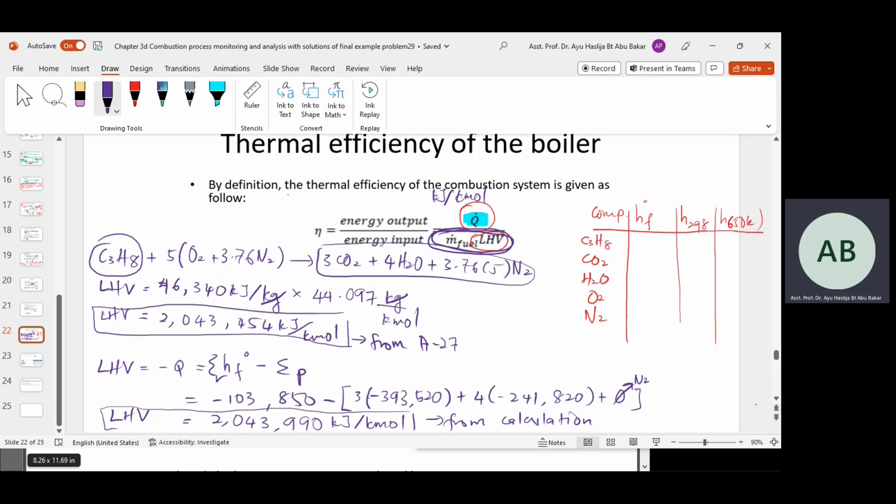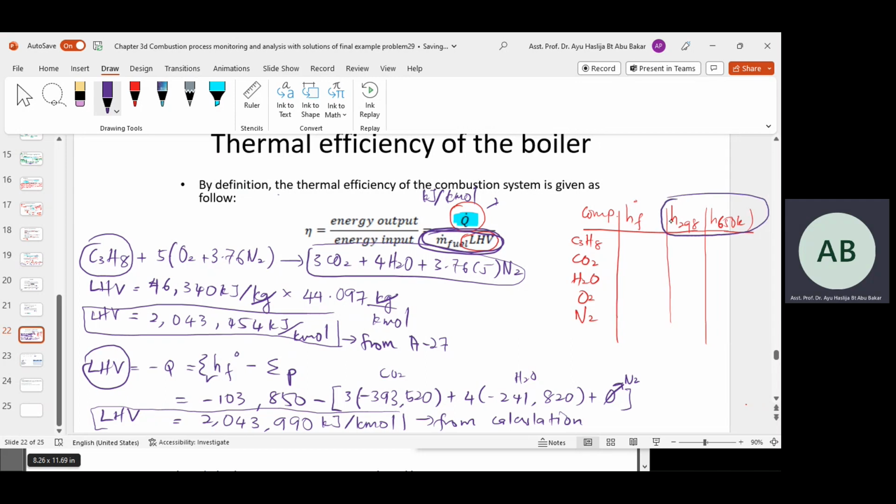Okay, for the LHV, for the product, it involves only the heat of formation. So it doesn't involve any sensible heat. You notice this is the heat of formation of the CO2, H2O. Only the heat of formation for the LHV. For the Q, it involves the sensible heat at the T outlet and the T at reference.